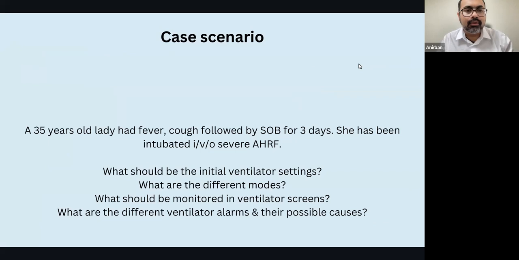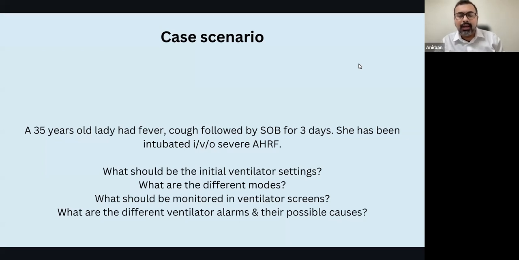So yes, all good things start with a case scenario. A 35-year-old lady had fever, cough, followed by shortness of breath for 3 days, and she presented to your ICU where she got intubated because of severe acute hypoxemic respiratory failure. Now you are the nurse who has been assigned to this patient, and the patient is about to be put on ventilator after intubation.